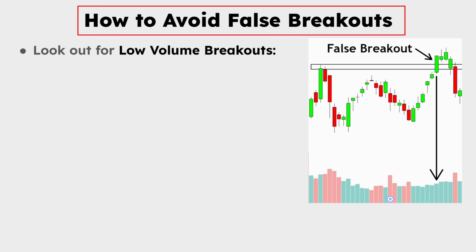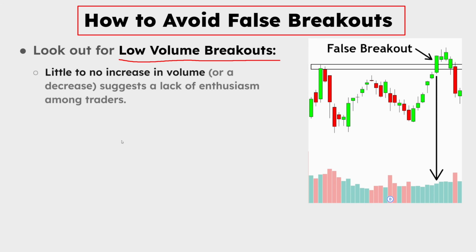First of all, what we're looking out for is low volume during breakouts. What does this mean? Well, if we see little to no increase in volume, or even a decrease in volume when the breakout appears, this suggests a lack of enthusiasm among the traders. So once again, let's take a look at the example right here. If you take a look at the candle that broke out, this green candle right there, and you follow the arrow down to the volume bar, you can see that we saw pretty much no increase during the breakout.